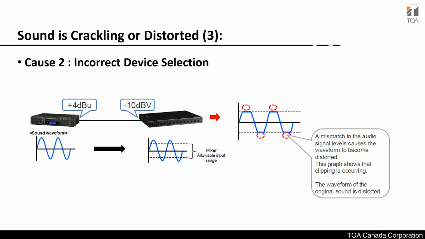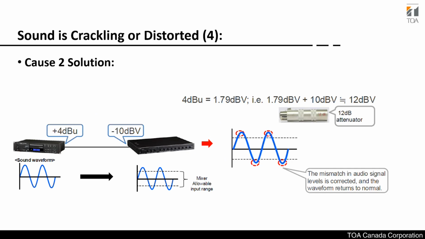So how can we cure this? If the volume adjustment cannot be made in this kind of situation, it will be necessary to add a level correction attenuator, or of course, consider replacing the device or finding another device to ensure proper signal output.